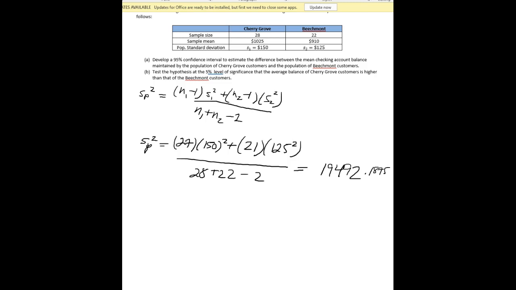Okay, so now we're going to be looking at our confidence interval. Our confidence interval is going to be the expected value of the difference, plus or minus some t alpha half with the degrees of freedom of the whole thing, times this thing.